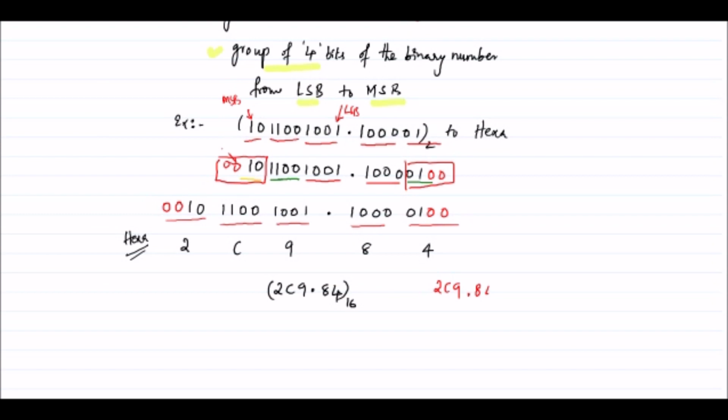Okay, so if I write the same as a group, 2C9.84, don't forget the decimal point in between. Okay, so base 16.